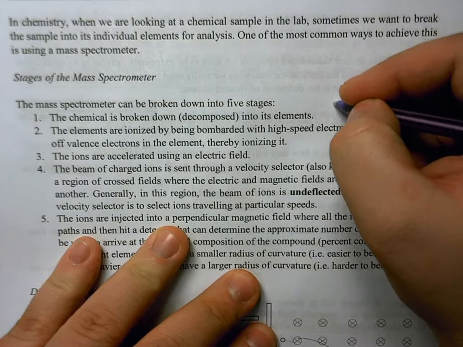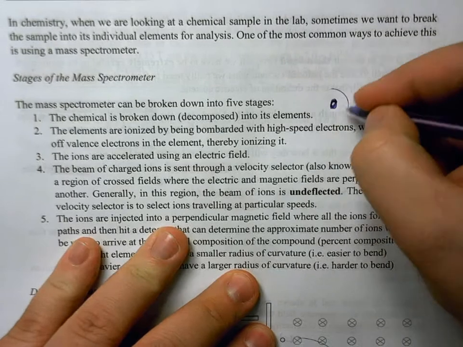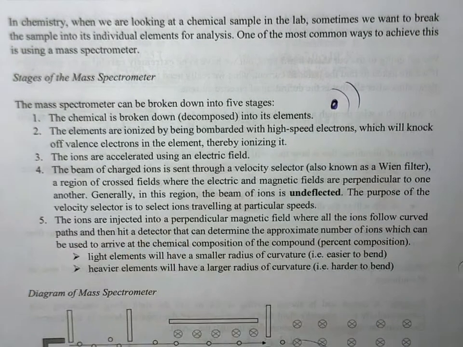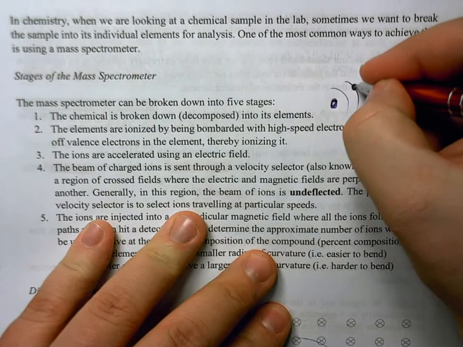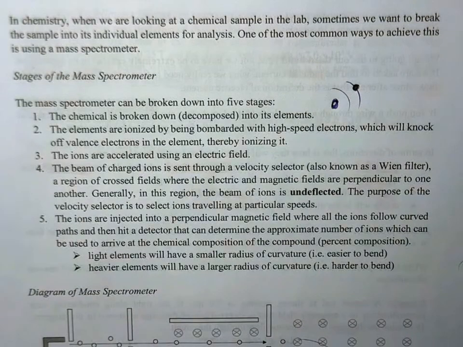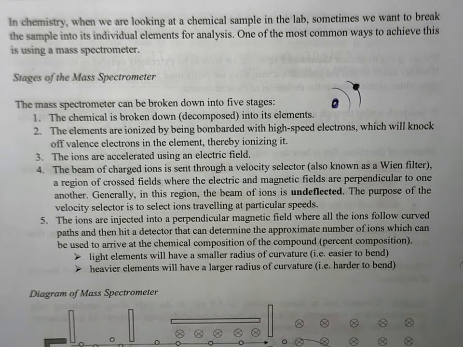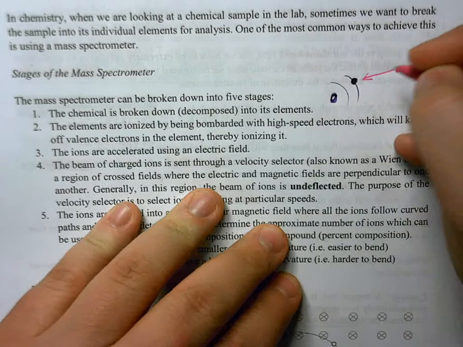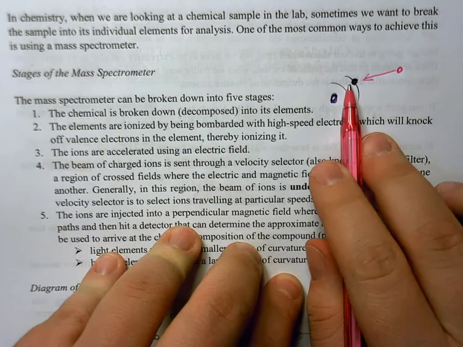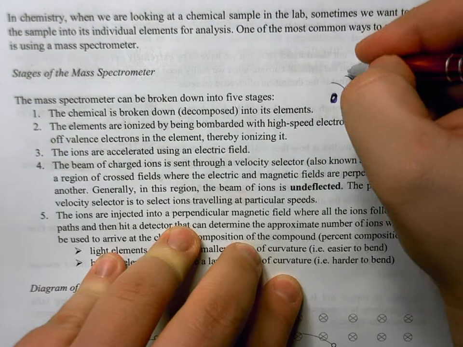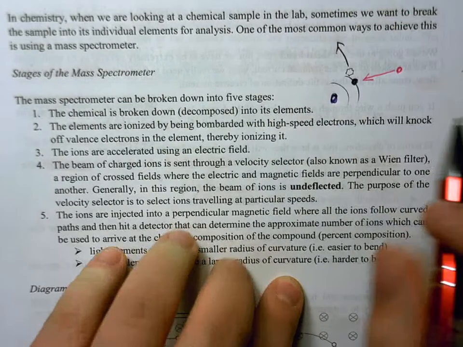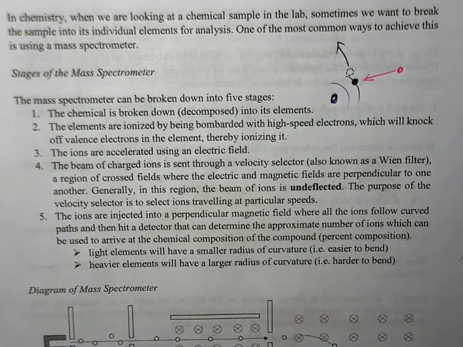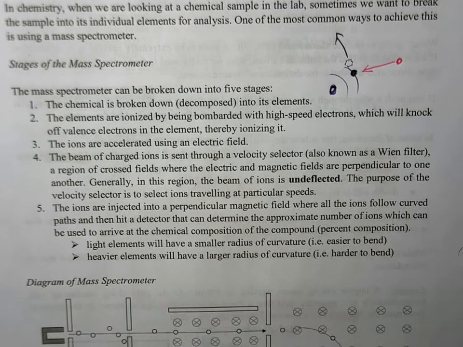So if you have your sample here, there's the nucleus, there's our shells. Let's say we have this electron in the valence shell here, and then I have this other electron coming along. It can come in, they can collide, and then it can knock this electron out. This thing becomes ionized now, and now it'll be affected by electric and magnetic fields.